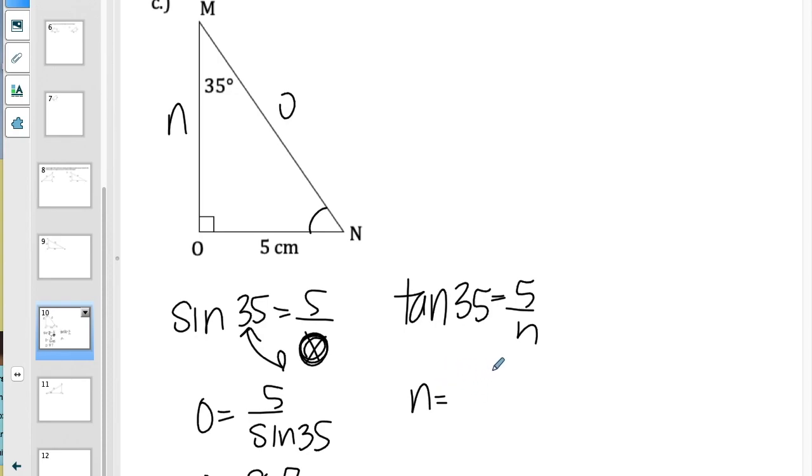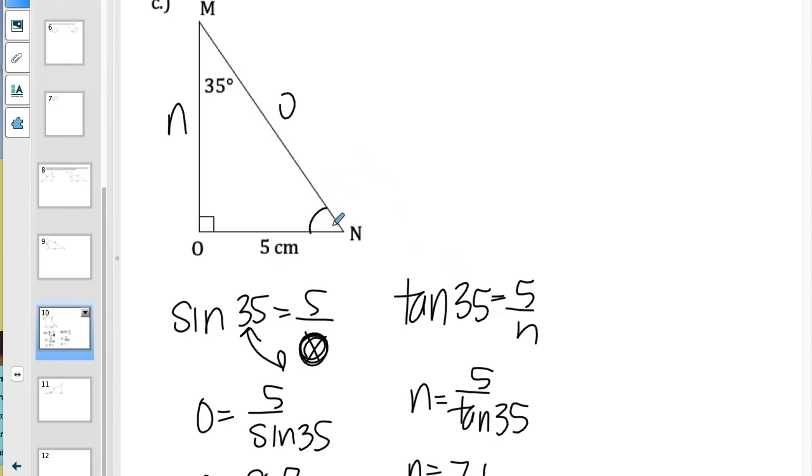So side N is going to be equal to 5 divided by the tangent of 35. To make sure that I can see if you made a mistake, you need one of these two written down, just like I talked about in the inverse trig today, so I know what you typed into your calculator. And side N I got was 7.1.